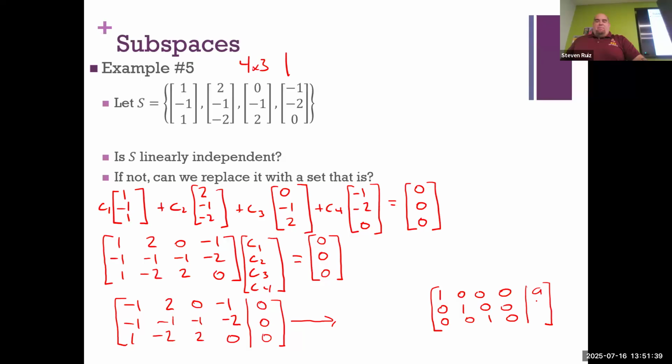And then what would go here? A, B, and C? But if we have linear independence, then what should those be equal to? Yeah, still zero. But then we would have x1 equals 0, x2 equals 0, x3 equals 0. What is that fourth column telling us?